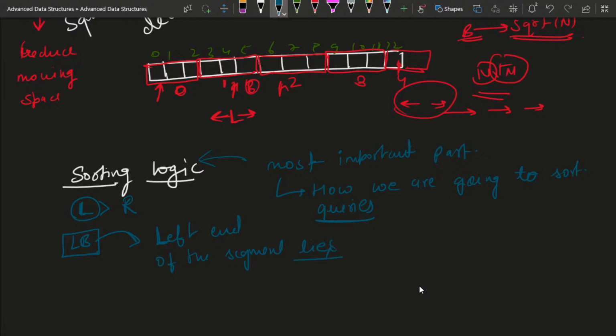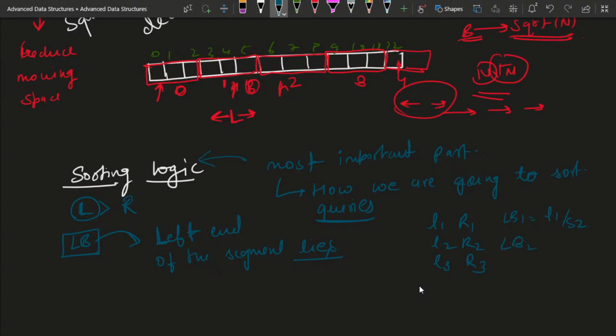Now suppose I am given L1 R1, L2 R2 and L3 R3 as queries. So what would be LB1? That would be L1 by SZ. SZ is the size of the block, and that is nothing but the square root of n.